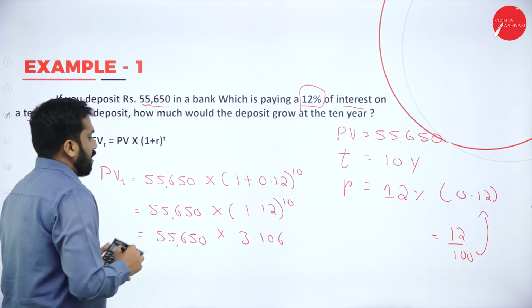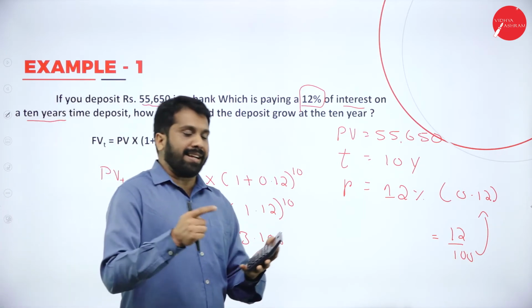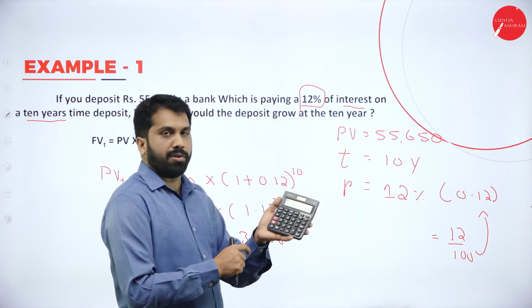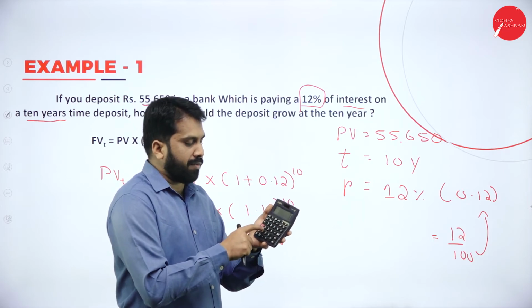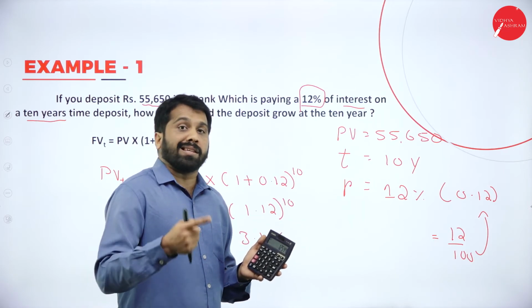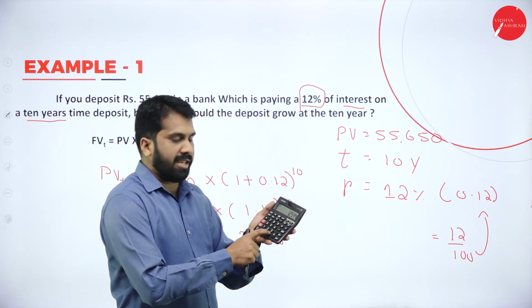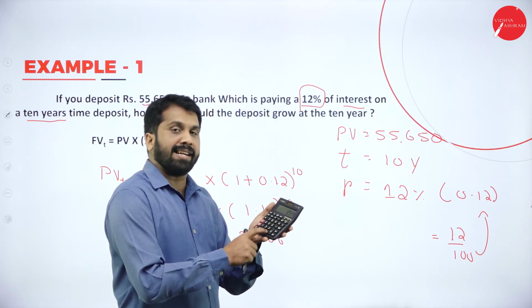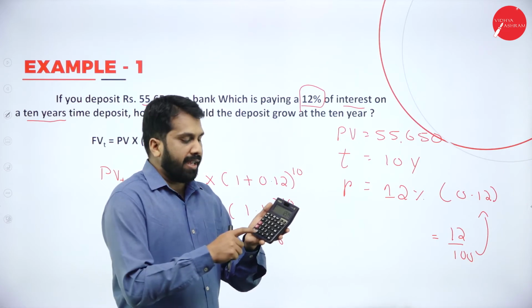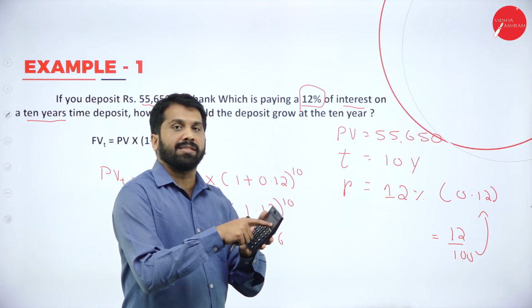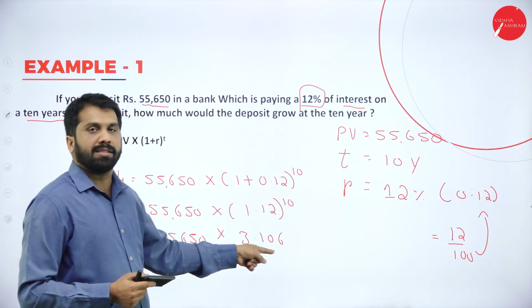Now, sir, how to calculate 10 times? Is there any shortcut? Yes. 1.12 multiplied with 1.12, it is over. Third, fourth, no need to multiply, you just have to press equals, equals, equals. 10 times, already 2 times over, 8 times if you do, you will get 3.106.